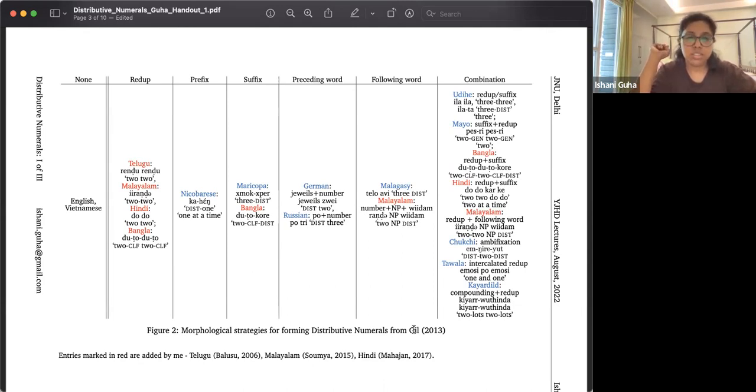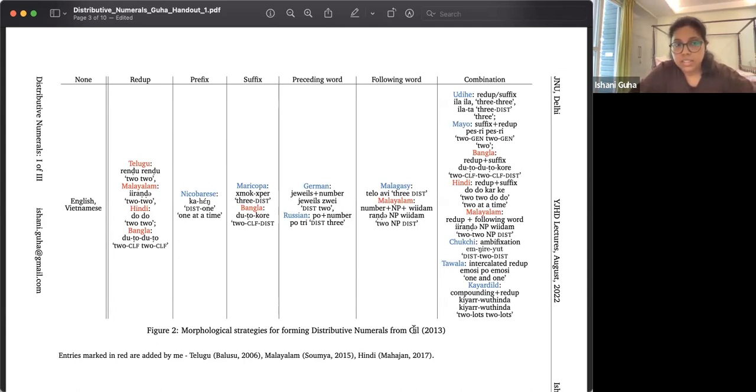German, Russian, all the Slavic languages, Greek use a preceding word. Okay. There are languages that use a following word. So Malagasy is an example from Wall's, and also Malayalam. Okay. Malayalam also uses reduplication, right?